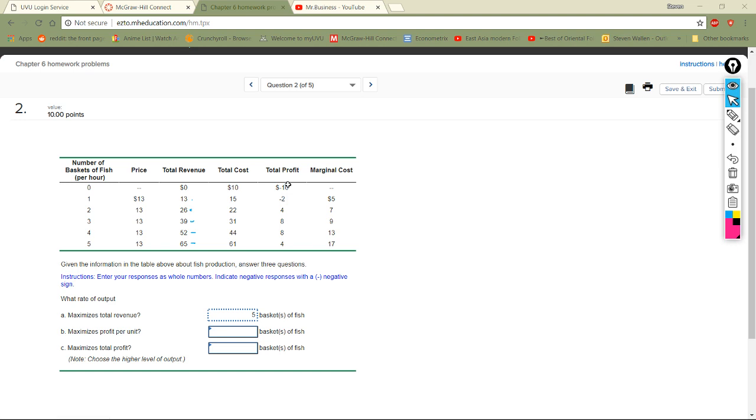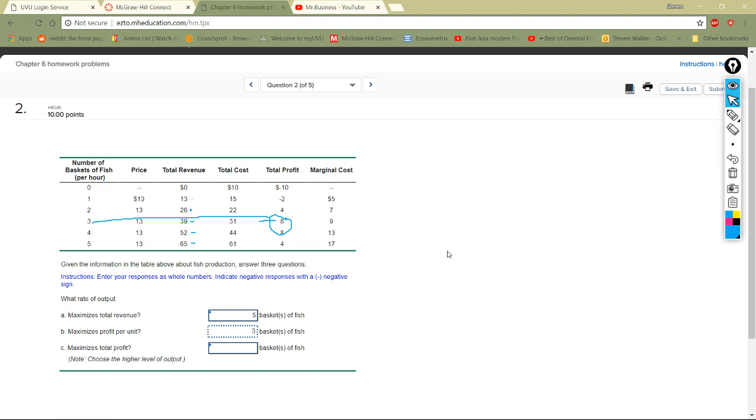So we definitely know that's not going to be good. That's no good. These are our highest numbers here. And these are our highest numbers. Which one has the least amount of units so we get the most amount of money per unit? Right here. So we'd go 3. Because that way we're getting the most dollars per unit.